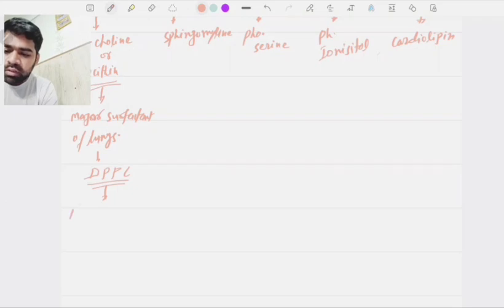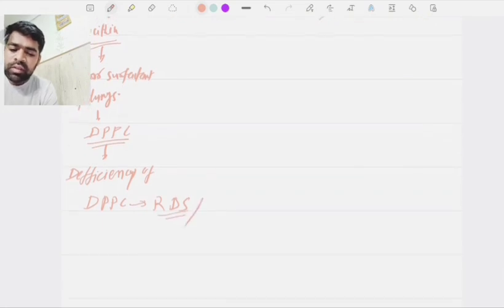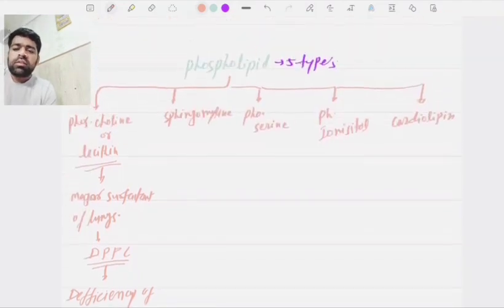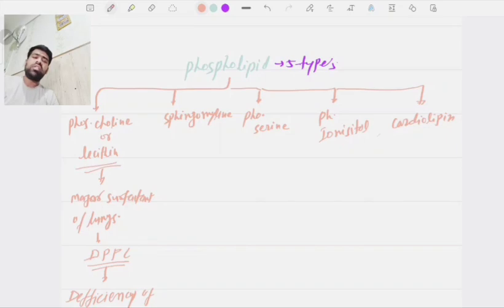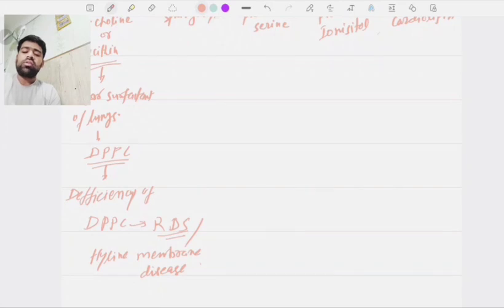Deficiency of DPPC leads to RDS, respiratory distress syndrome, or hyaline membrane disease.